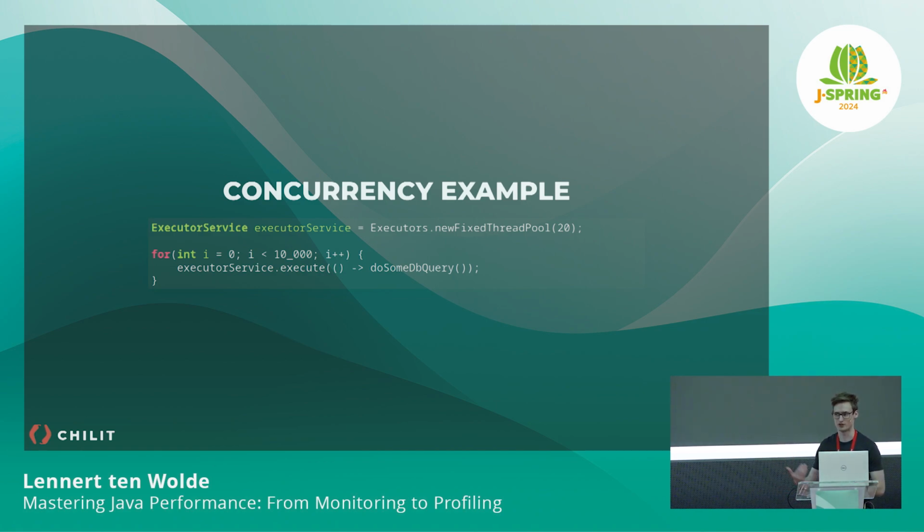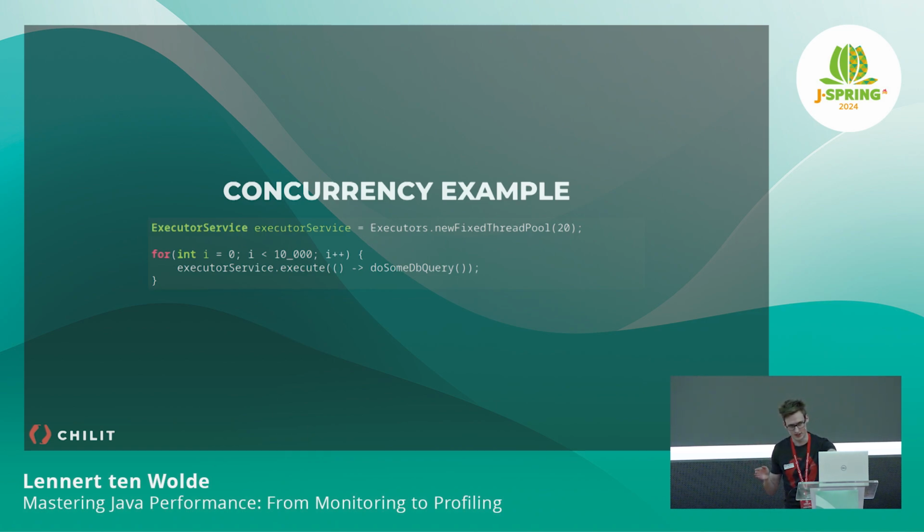You can also create threads yourself, but it's not really meant for executing short-lived tasks. For that, these constructs are very powerful. So you create one, and you essentially say, I want to be able to do 20 things concurrently. So Java's going to create 20 threads for you. And then you can just 10,000 times execute something.